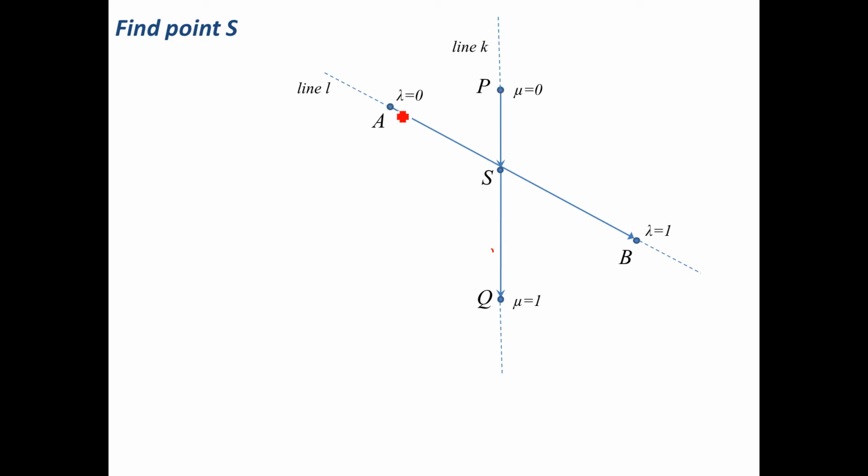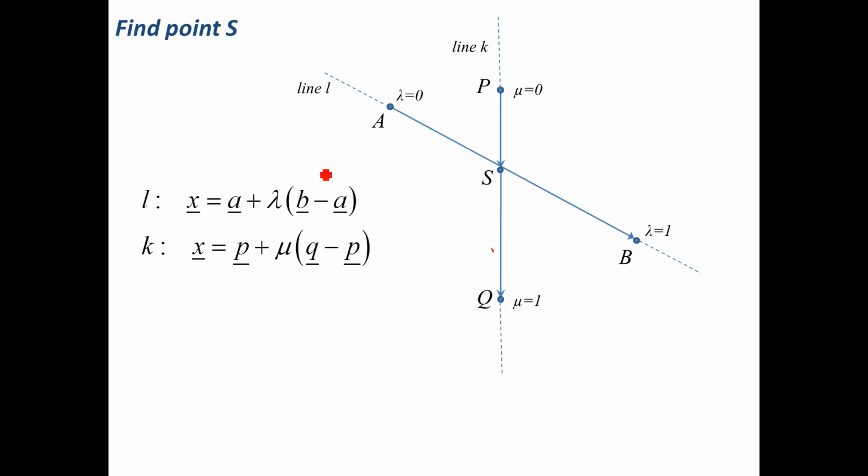The same goes for line L, where we use A as the position vector and B minus A as the direction vector. This gives us two equations for the lines: the position vector plus the direction vector times a scalar.